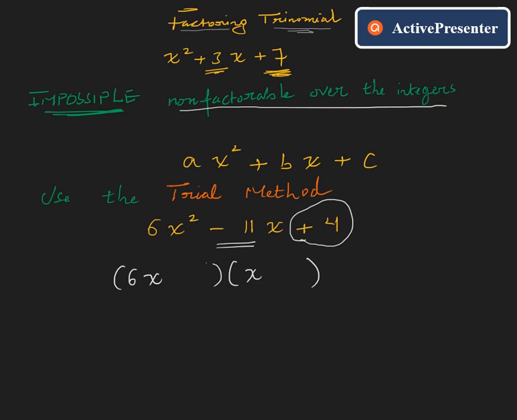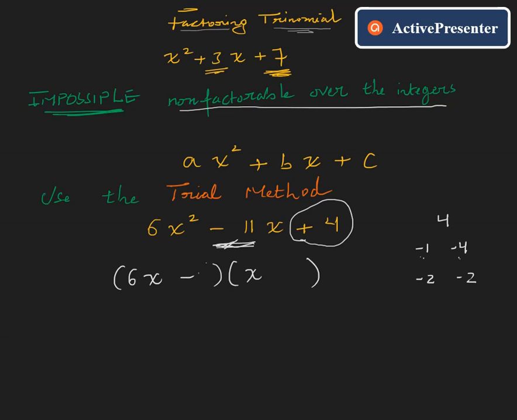Probably we should consider the negative factors of 4. 4 can be divided into, let's say, -1 and -4. We are interested in that because negative multiplied by negative gives a positive number, and if you add, you will get a negative number. So 4 is divided into -1 and -4, and -2 and -2. Okay, let's try.